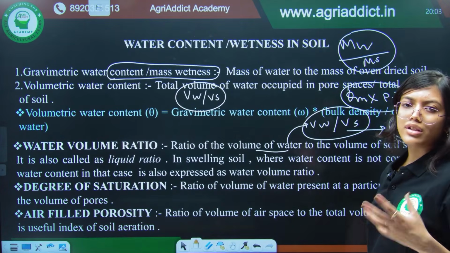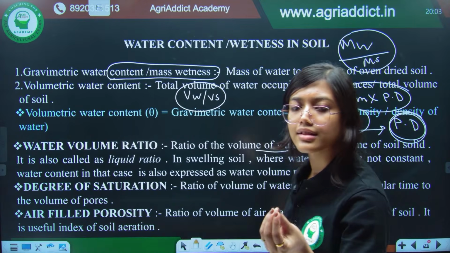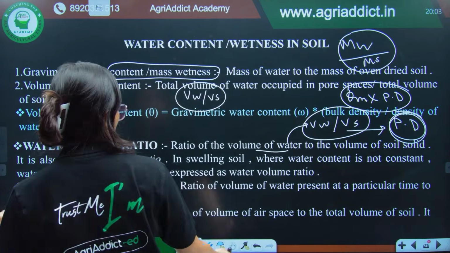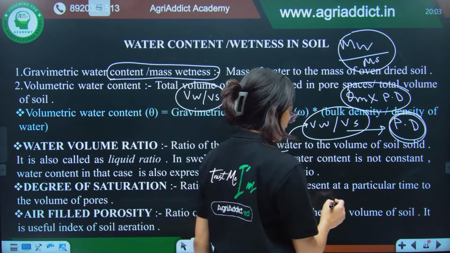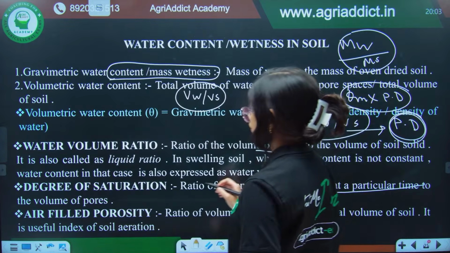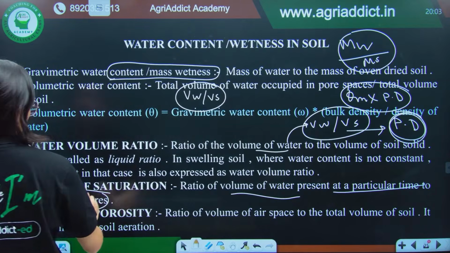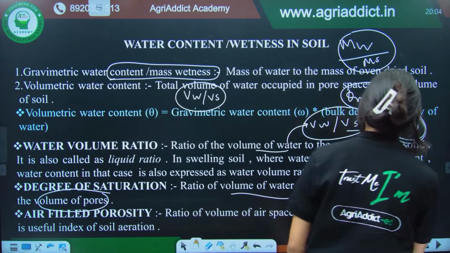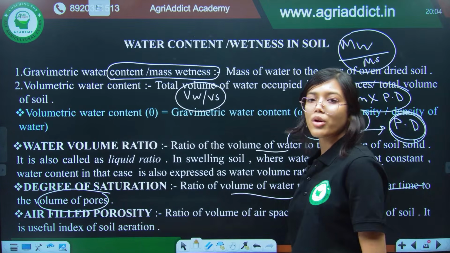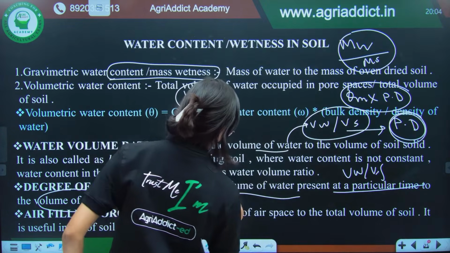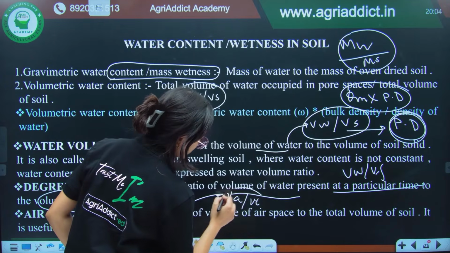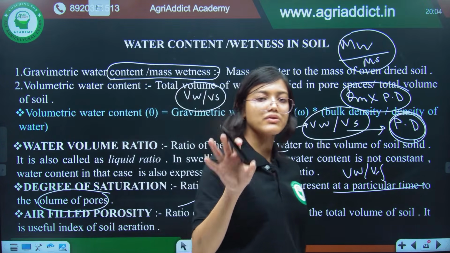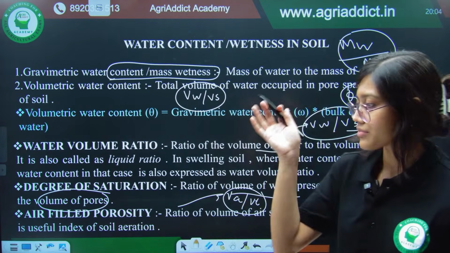Then degree of saturation is how much of your pore spaces are filled with water. So, you will take the ratio of volume of water present at a particular point of time to the volume of pores, Vw by Vv. And in case of air filled porosity, you will see the volume of air divided by the total volume. So, these are some of the terms that you should be very clear about.